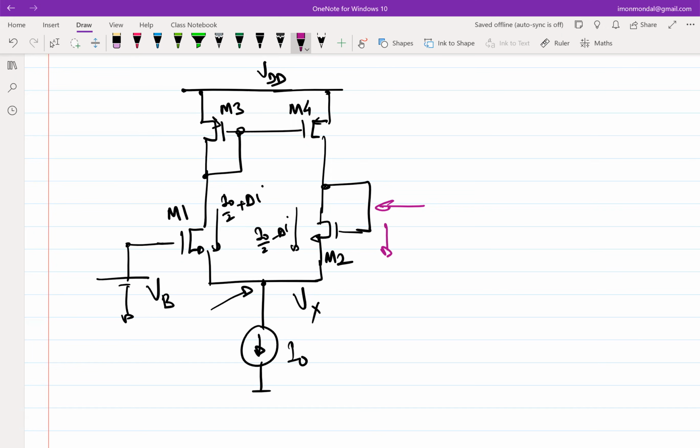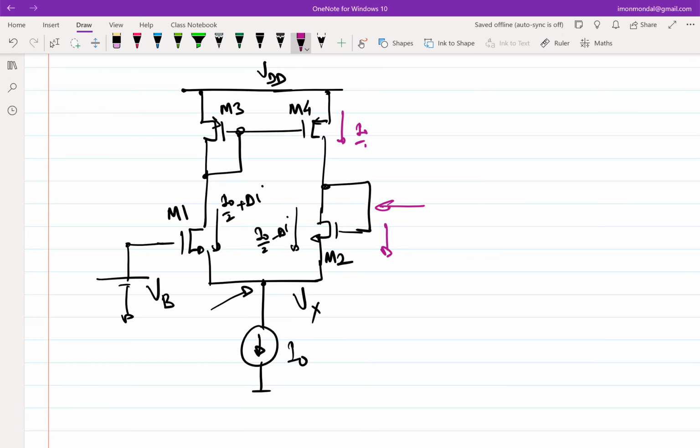So if the gate goes down, I'm coming to that contradiction. Therein lies a contradiction, right? The argument is, as he said, that there is a current mirror here.